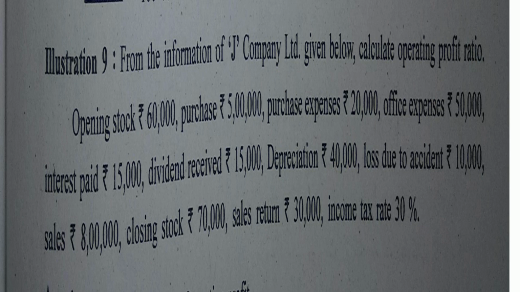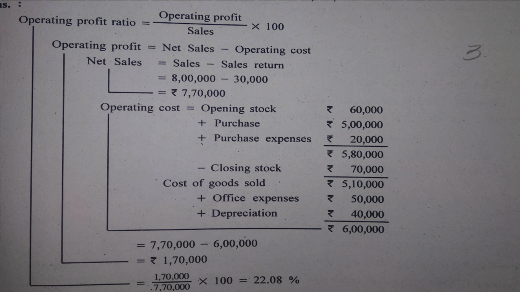Then loss due to accident, no. Nothing now. So COGS 5,10,000 plus operating expenses, which is total 90,000. So operating cost this way is 6 lakh rupees. Yes? Alright then, obtaining operating profit on the basis of net sales that we have obtained, 7,70,000, and then operating cost 6 lakh.